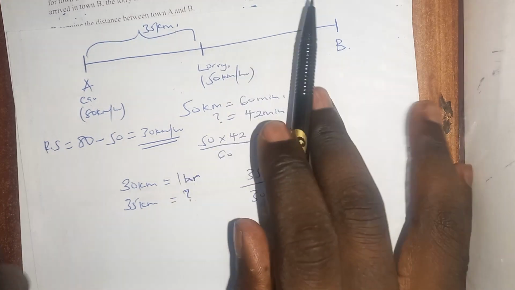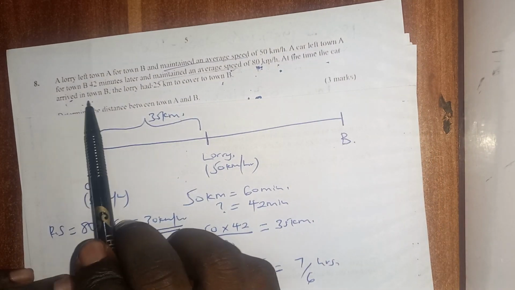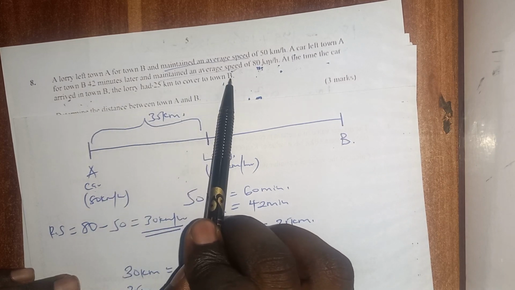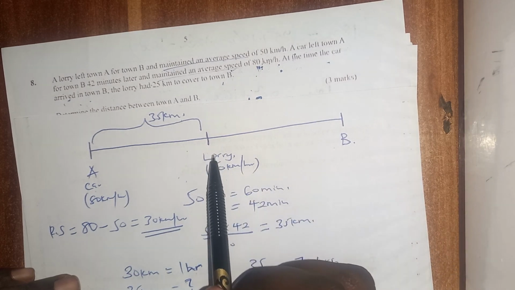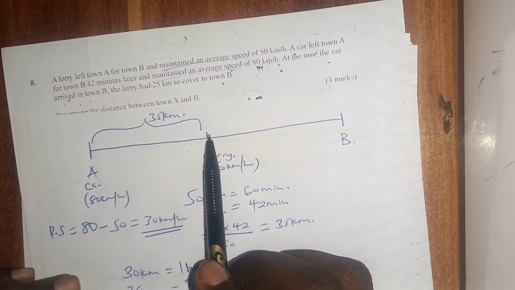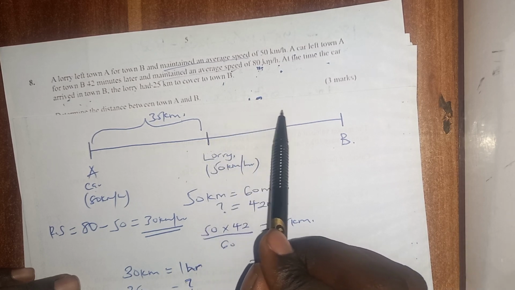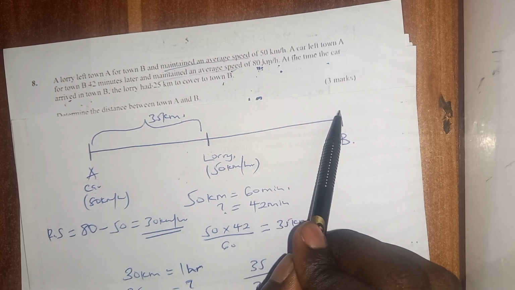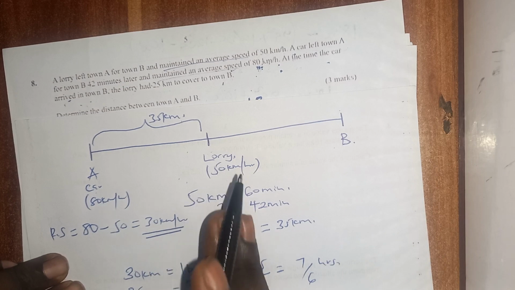Now the question tells us, at the time the car arrived in town B, the lorry had 25 kilometers to cover to town B. So you see, after the car caught up with the lorry, it continued with the relative speed and left the lorry behind with a distance of 25 kilometers, still traveling at the relative speed of 30 kilometers per hour.